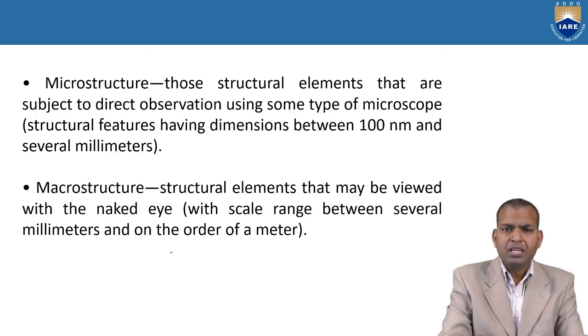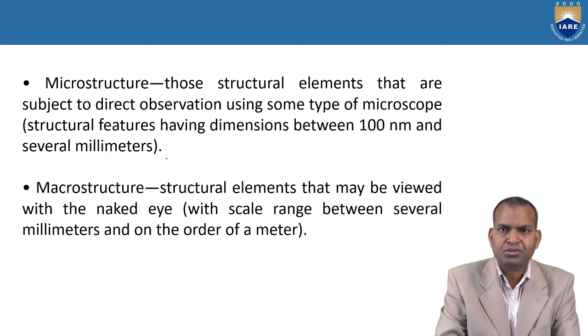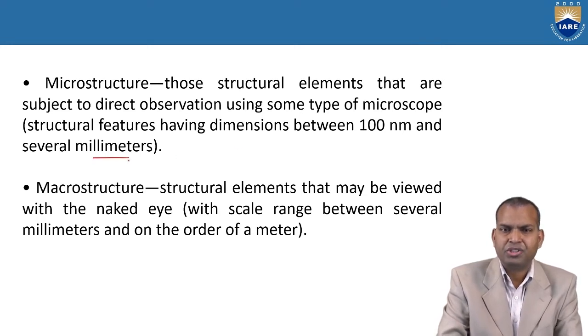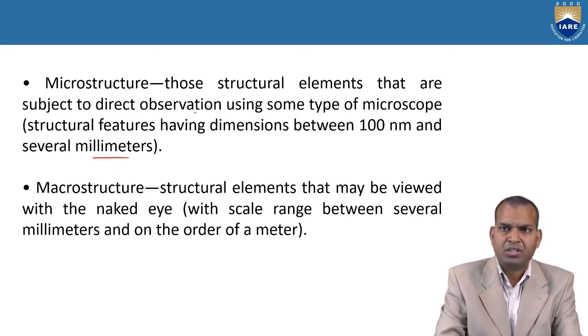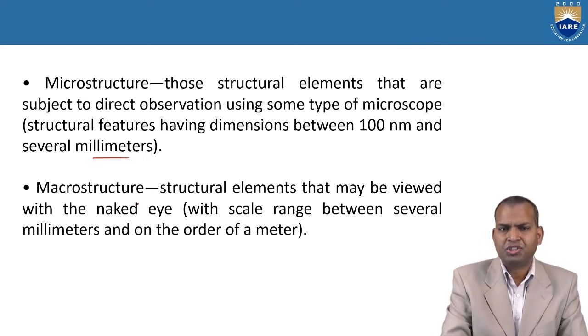Now, what is microstructure and macrostructure? Microstructure is at the micro level, the scale between 100 nanometers and several millimeters. Things related to microstructure are subject to direct observation. How can we study these structures?